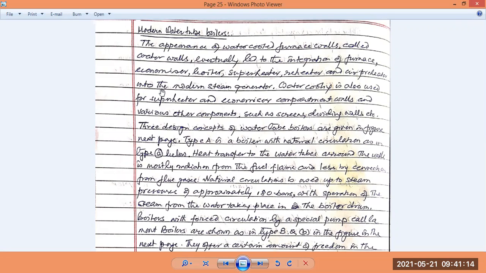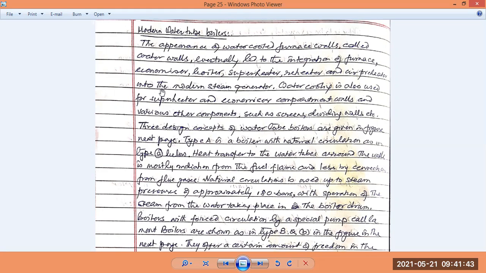Water cooling is also necessary for the superheater and economizer compartment walls and various other components. Without the cooling of the furnace wall, superheater wall or economizer wall, you will allow heat to go out, and thus the heat generated is wasted to a much higher level. So the efficiency of the whole plant will be reduced.